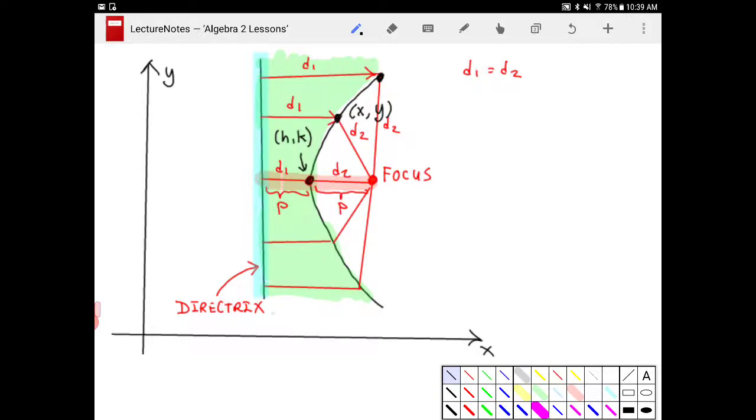Because the directrix is a vertical line in this case, the equation for that vertical line will be x equals something, because the way in which we describe a vertical line is always x equals something. So x equal to what?